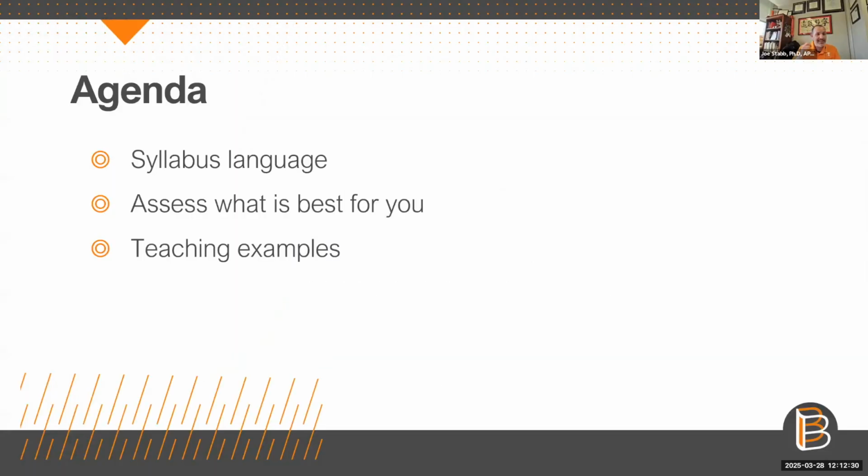For our agenda today, we broke it up into a couple different areas we thought would be helpful for everyone. We're going to talk about the language we use on our syllabus for our students. We're going to talk about how to assess what's best for you in your field and how we made decisions on how we're incorporating some different things into our classroom.